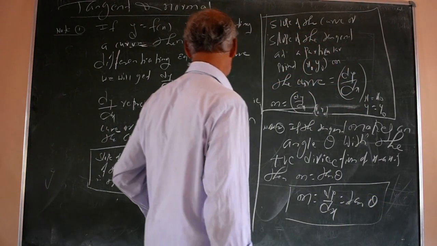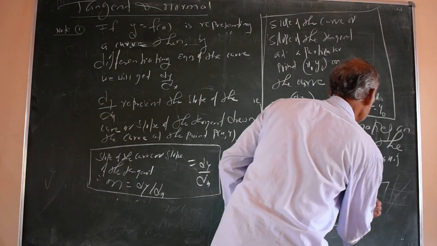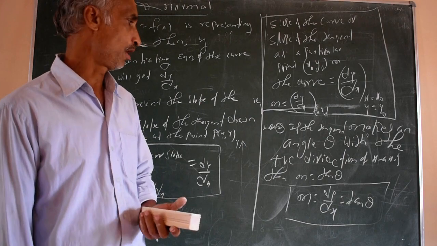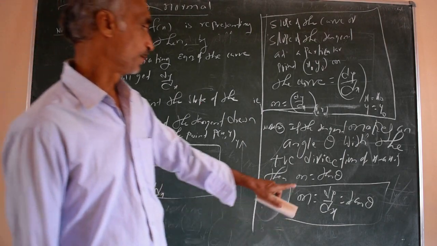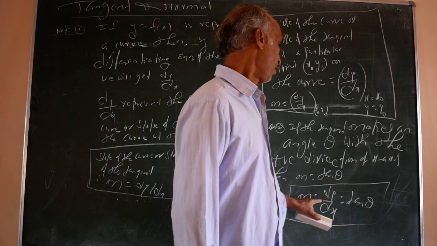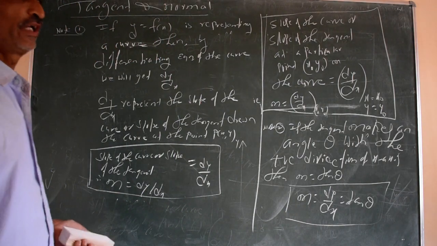M is dy by dx, no? That is equal to what? Tan theta. So m is equal to tan theta, dy by dx is equal to tan theta, or m is equal to dy by dx. You can equate any two.